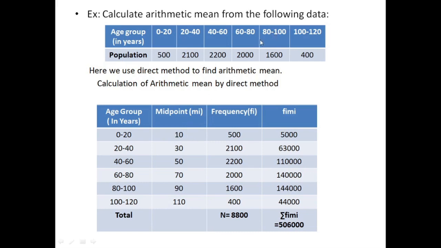Similarly, consider the class interval 80 to 100. Here upper limit is 100 and lower limit is 80. So 100 plus 80 is 180, 180 divided by 2 is 90. So the mid value of 80 to 100 is 90.